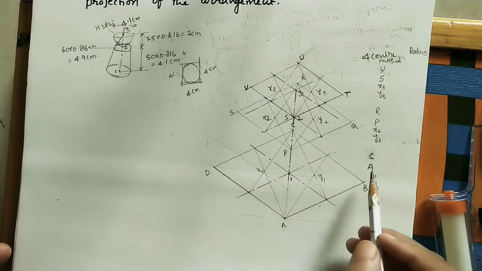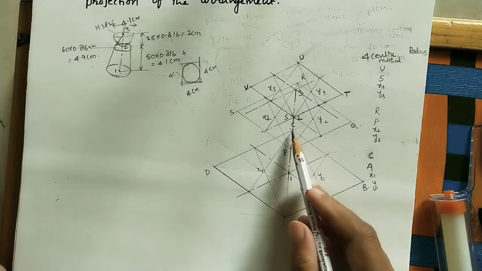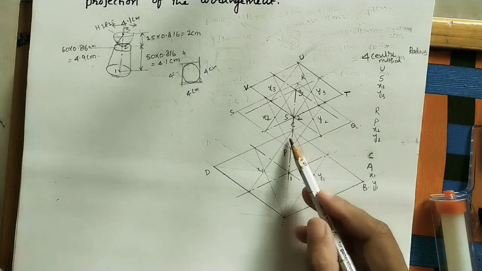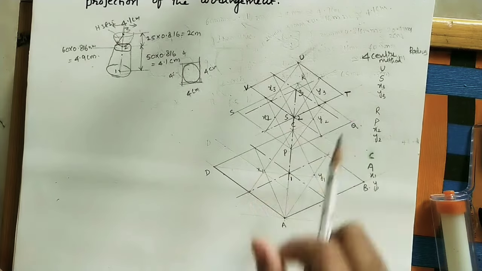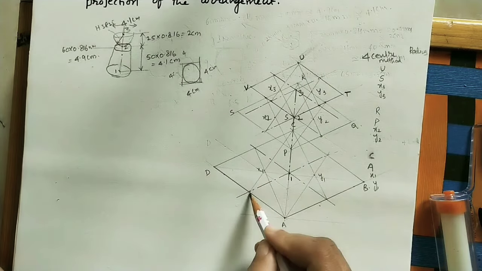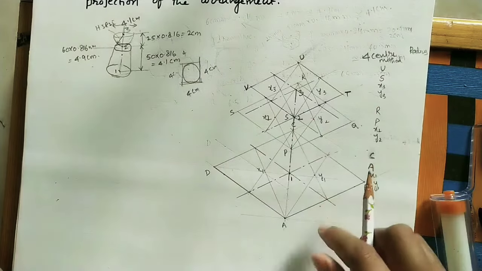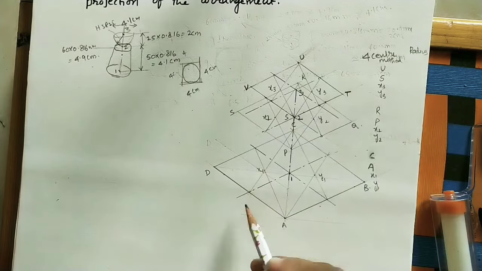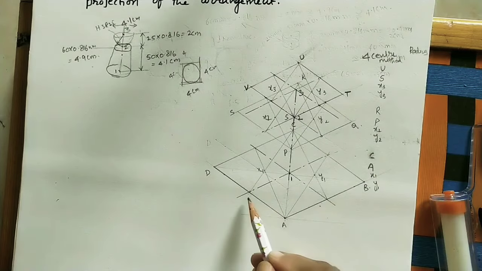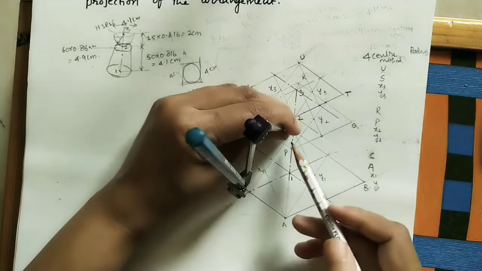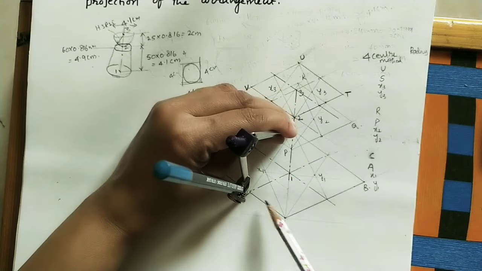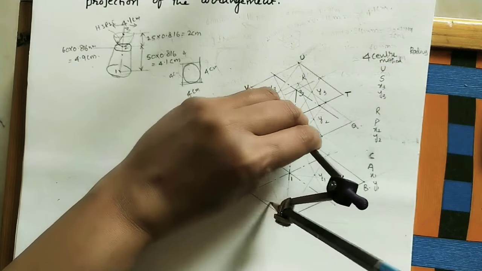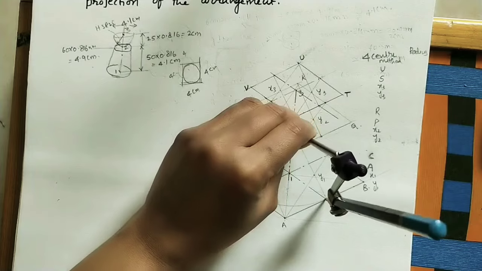So if the center is C, take this radius, this line already we have joined, take this as a radius. Whatever this length, same length we did here, because these are the middle points. Take this length, join this point to this point. Take this as a radius. Join this point to this middle point by using the compass.